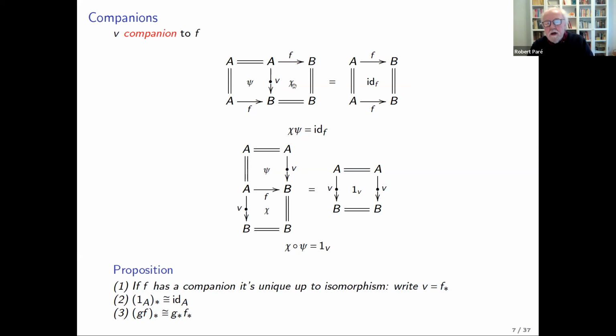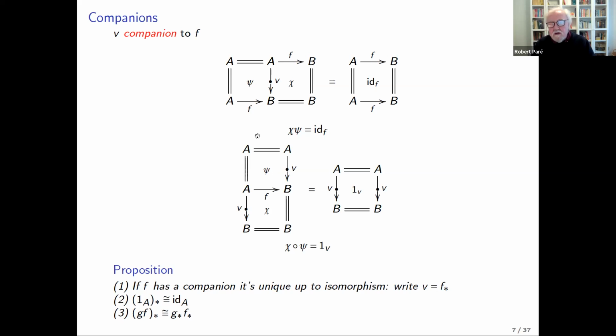If you have two cells like this, binding cells, or Ronnie Brown calls them connections, such that when you compose these two guys horizontally, you get a vertical identity, and when you compose them vertically, you get a horizontal identity.